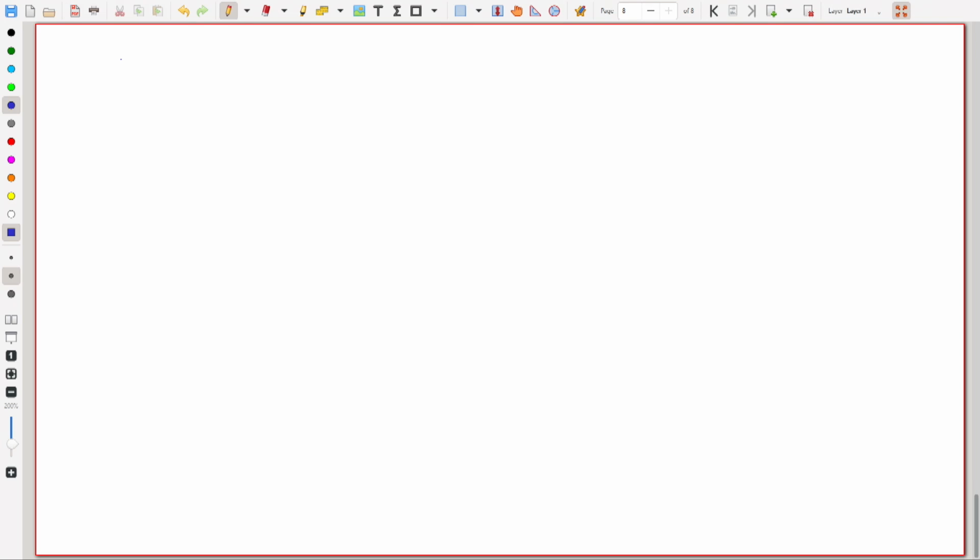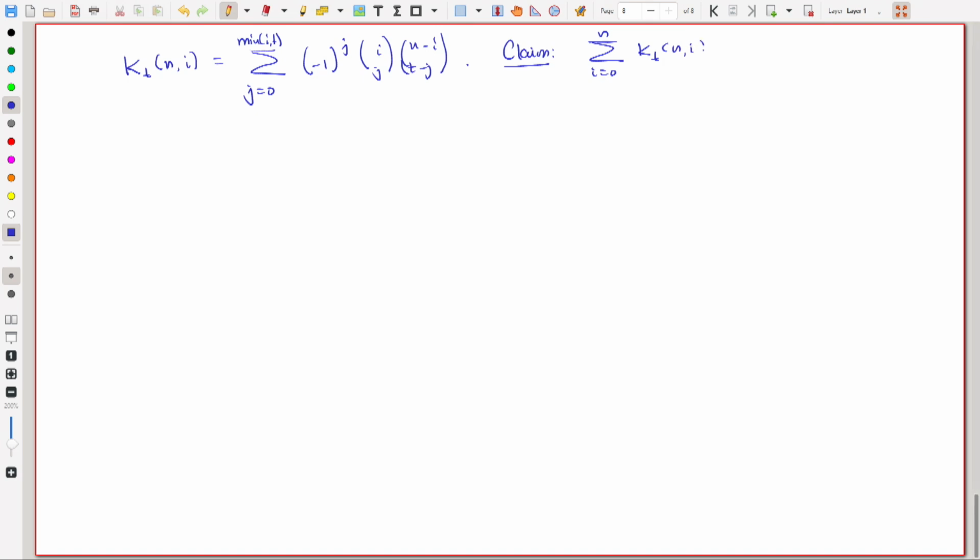Okay, so it remains to show that, remember the definition of K t n i is the sum over j goes from 0 to min i t of minus 1 raised to j, i choose j, n minus i choose t minus j, and the constraint was, we need to show that summation i goes from 0 to n of K t n i x tilde i is greater than or equal to 0 for t.